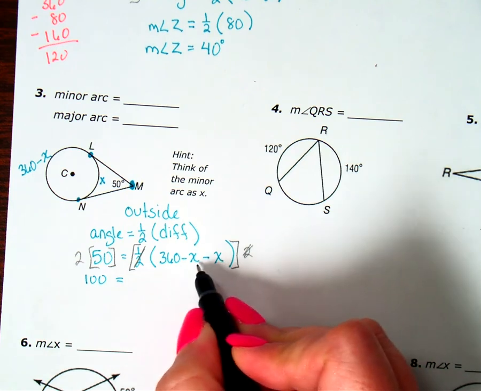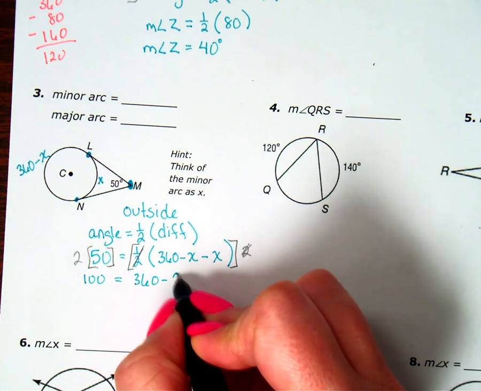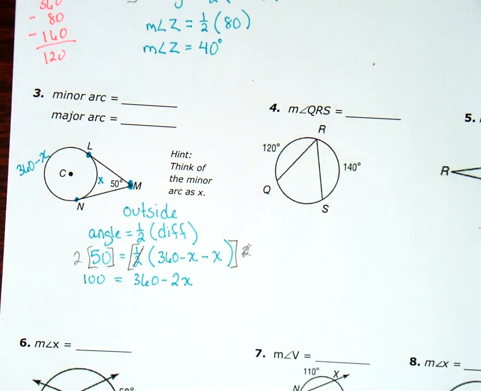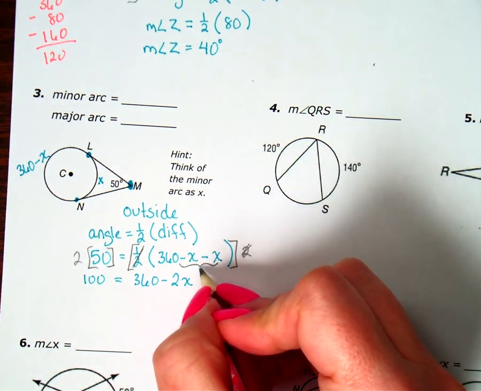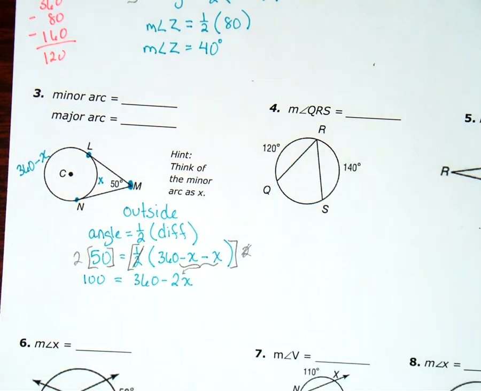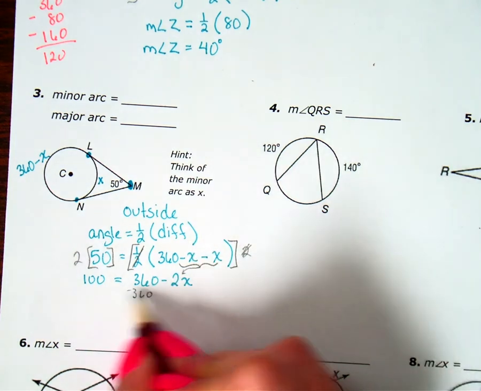I'm going to combine these two minus X's, right? And just say, oh, that's 360 minus 2x. I just combined my like terms. Okay, so if you want to see how I got the 2x, I just put these two together, and that's how I got the minus 2. Okay, all right, so now to continue solving, I need to get the minus 2x all by itself, so I'm going to subtract this 360.